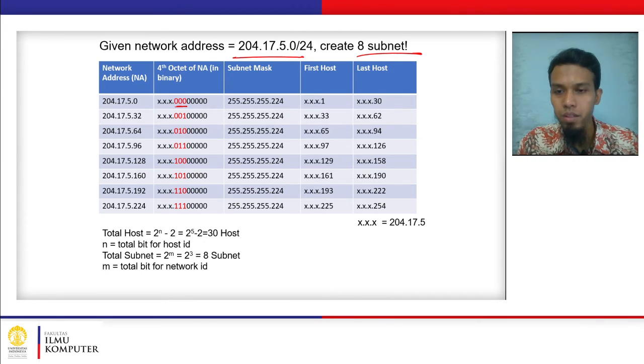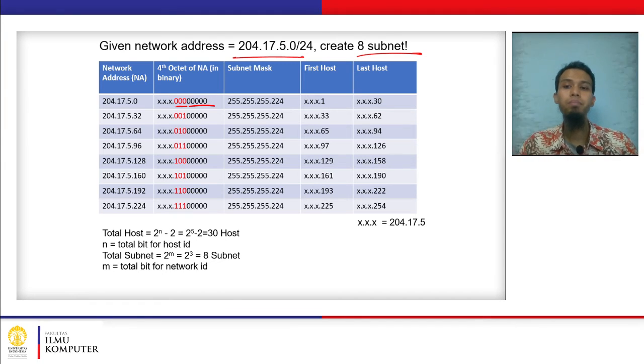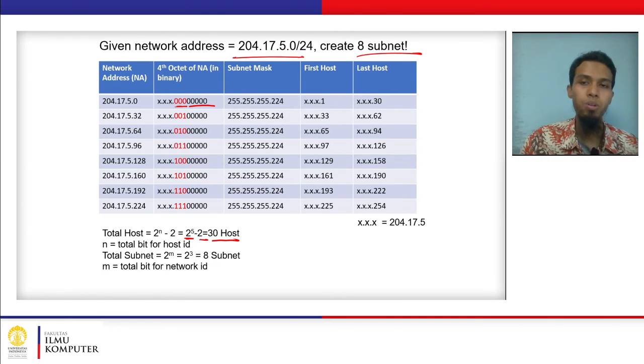The total number of hosts in each subnet becomes 2 to the power of 5 minus 2. Why? Because we reserve 2 addresses, one for the network address and another for the broadcast address. So we have 30 IP addresses that can be allocated to hosts in the network.